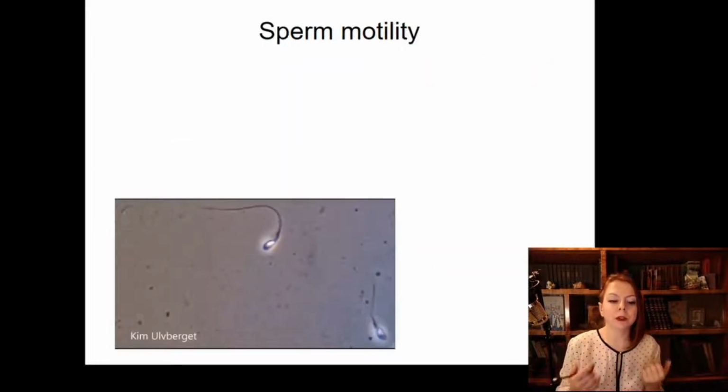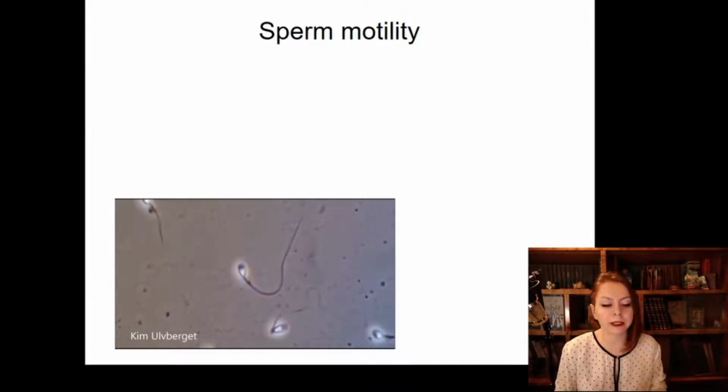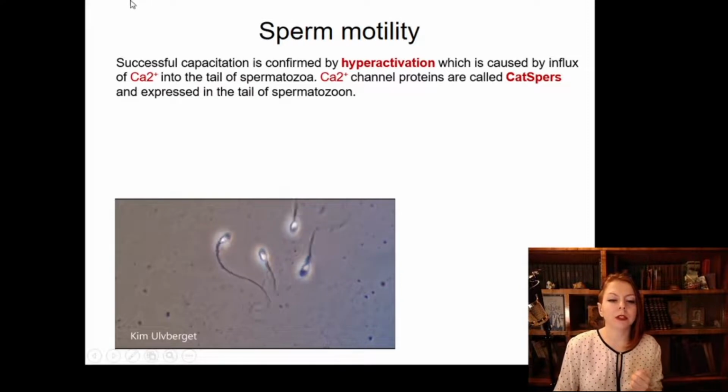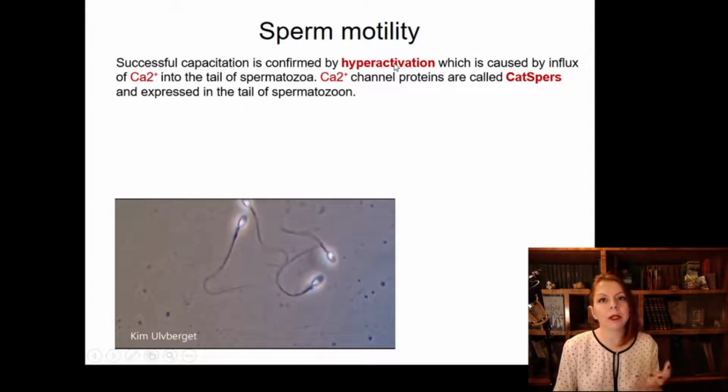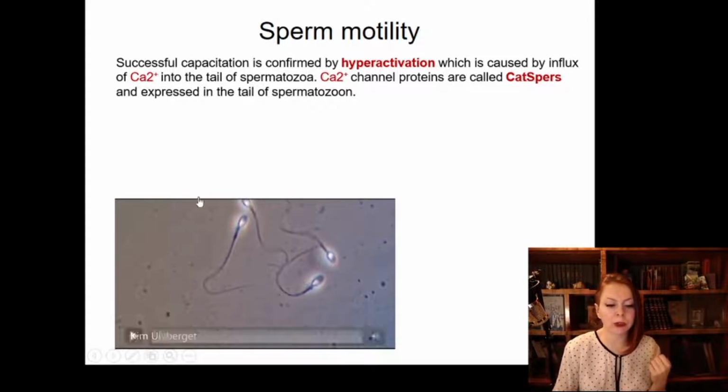Then, as a result of capacitation, spermatozoa become more active, and that's the phenomenon we call hyperactivation. So just after capacitation, the hyperactivation of spermatozoa takes place. The beating of the tail becomes more forceful, and that's due to the increase of calcium inside the spermatozoon.